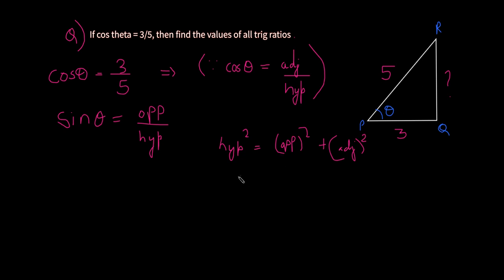Now hypotenuse square, 5 square, is equal to opposite square. Wait, what is the opposite? QR. QR square plus adjacent square, 3 square.